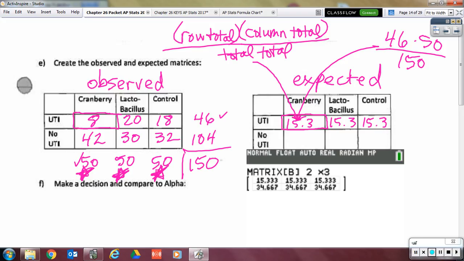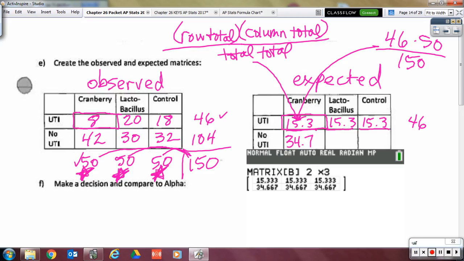See, each group had 1/3 of the total. So that's why each expect. So out of the 46, you expect 1/3 in each group to be in each of those things. Now, I need these to add up to 50 in each column. So this is going to be 34.7.